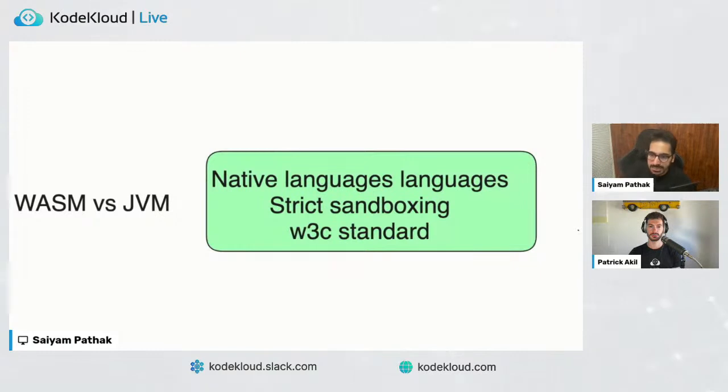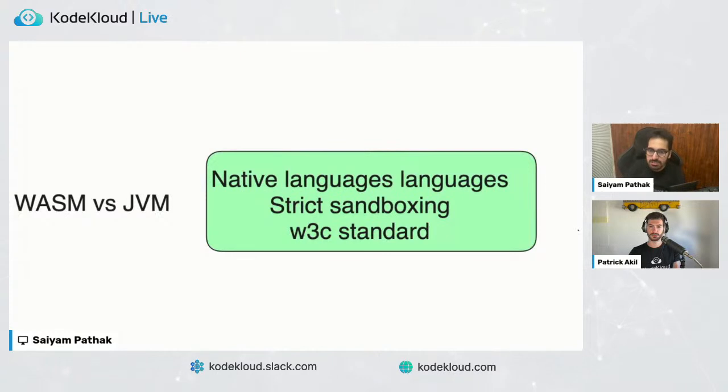So definitely it's something to be compared with the JVM, and that's a very good comparison. If that is coming to your mind, there's nothing wrong with it. But the JVM, when we talk about native languages, WebAssembly was for the native languages initially, like C++, Rust. Obviously, the ecosystem has grown, but the JVM is obviously Java specific, and others like Scala and all that can be compiled to the JVM bytecode.